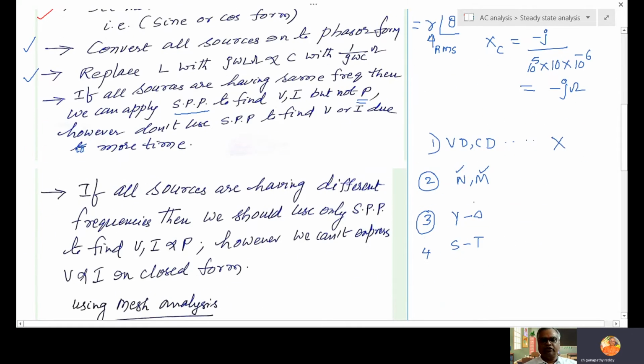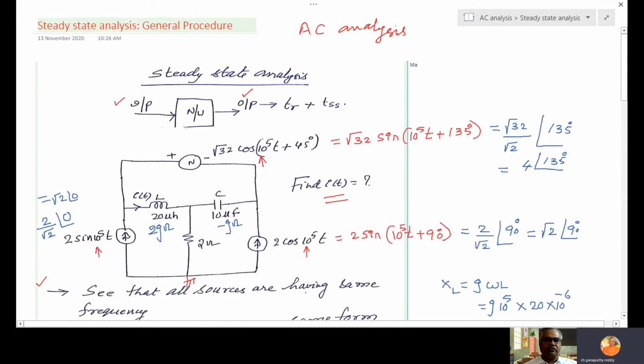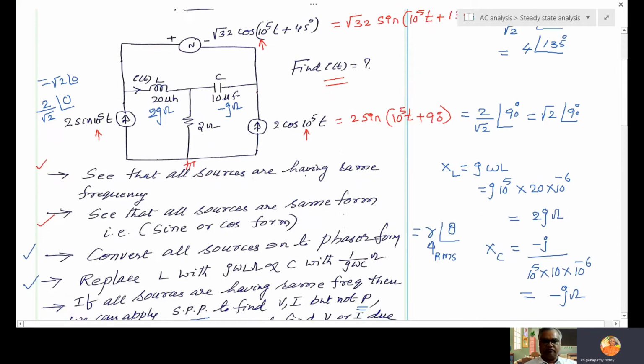So these two techniques you can't apply there. So 2j and minus j2 undoubtedly form a star, but don't change it into delta because we are finding current in this inductor. This element should not be disturbed.